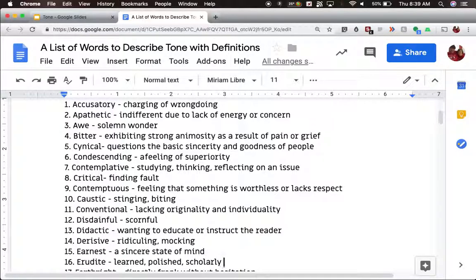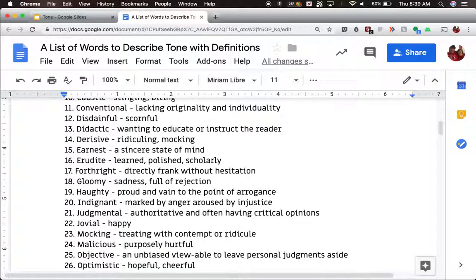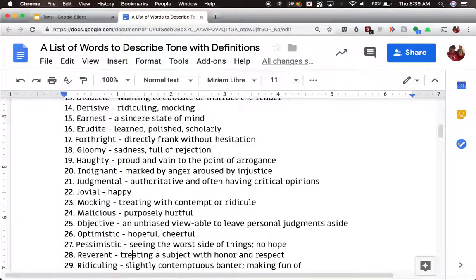So maybe condescending might work here. Derisive is kind of mocking parents who maybe believe in that and that their kids should have complete choice. So it might be that one. Mocking, again, it could be that one.